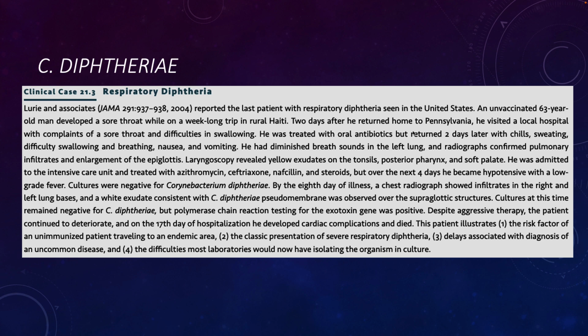and the difficulties most laboratories would now have isolating the organism in culture. I told you previously that it will grow on blood agar, and there is specialized agar that will grow Corynebacterium diphtheriae. The challenge is most physicians, unless they are well aware of that pseudomembrane, will try to culture just on standard growth media, maybe like blood agar.